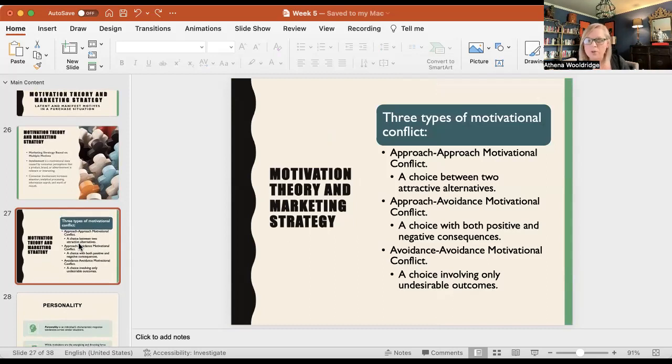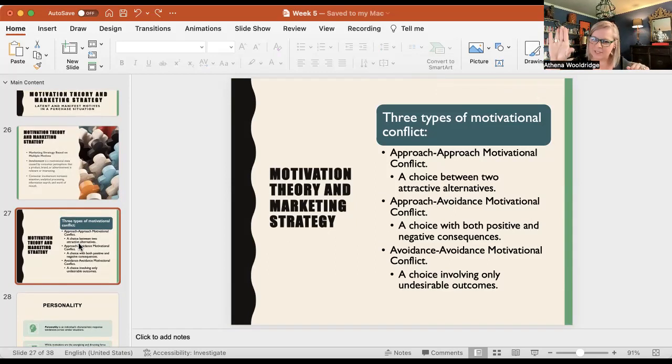Okay. Motivational conflict. There is an approach motivational conflict. This is a choice between two alternatives. Do I want the Subaru? Do I want the Toyota? There's this choice between two conflicts: approach avoidance, a choice between a positive and a negative consequence, right? Maybe I'm taking a job for money, but I don't love it.